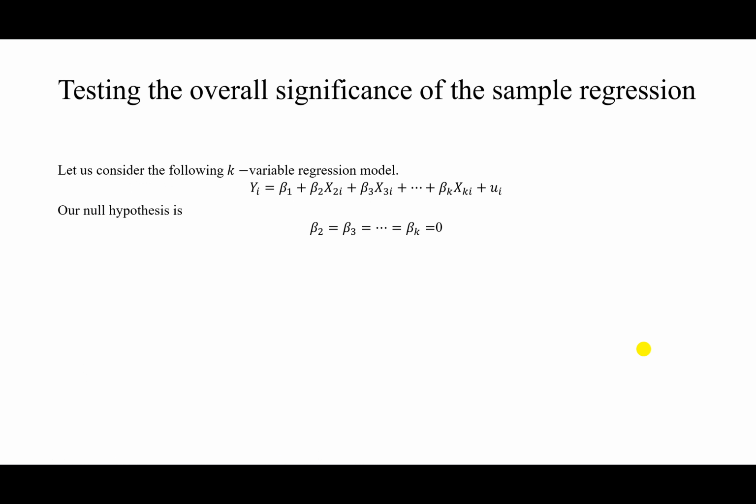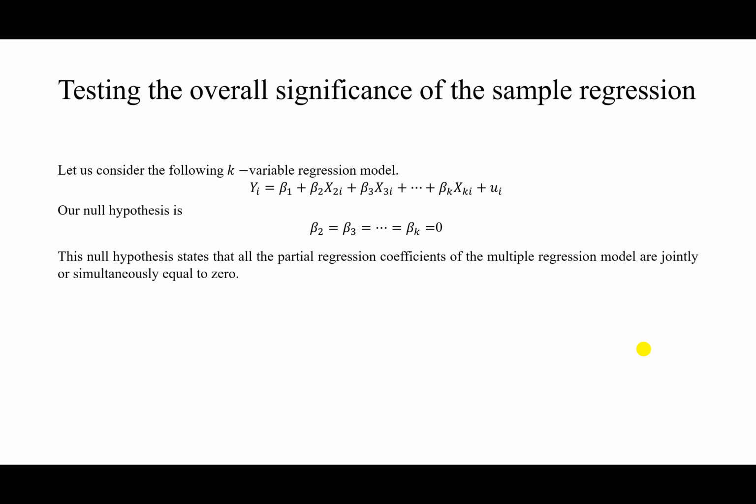Our null hypothesis is beta 2 is equal to beta 3 equal to dot dot dot equal to beta k equal to 0. This null hypothesis states that all the partial regression coefficients of the multiple regression model are simultaneously or jointly equal to 0.